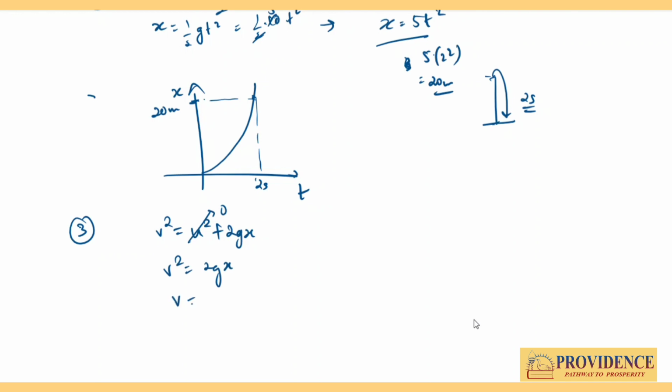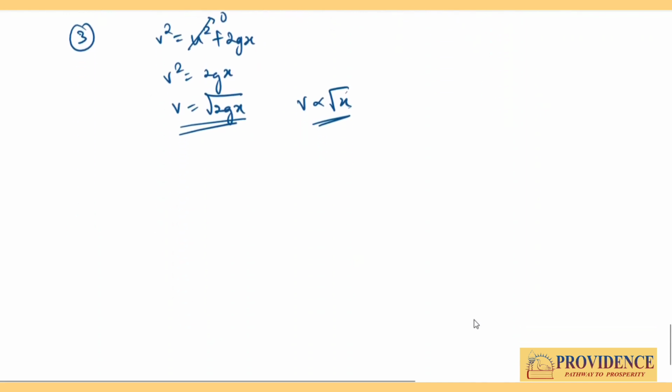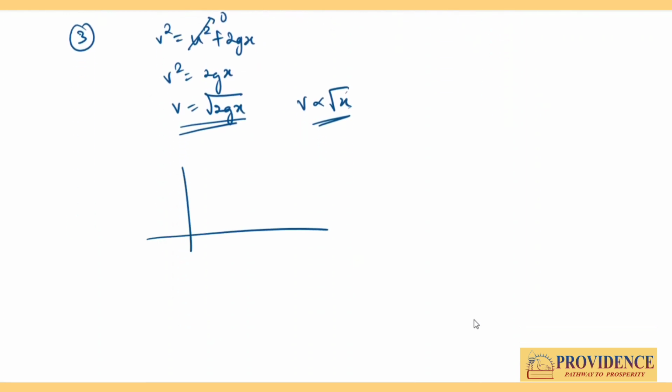Now that means v is equal to root over of 2gx. So you see that velocity will be proportional to root x. That means what type of a graph should it be? The nature of the graph should be something like this, as we had done, that y equals root x means the graph will be like this.